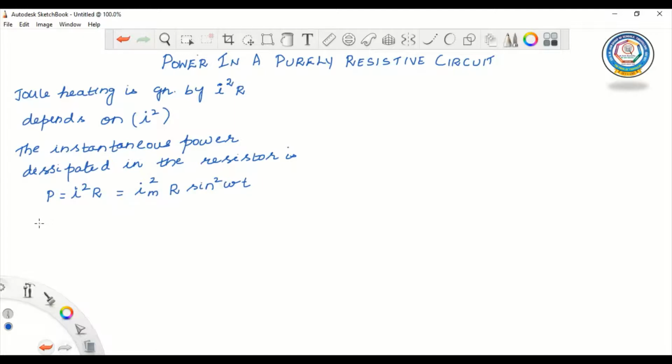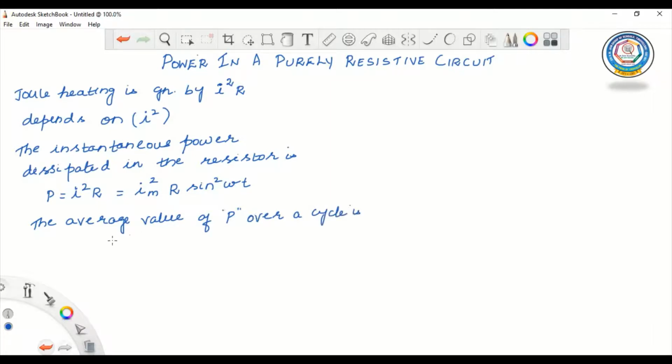Now let us calculate the average value of power over a cycle.